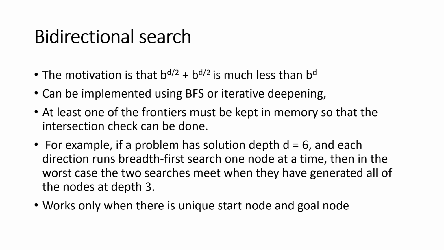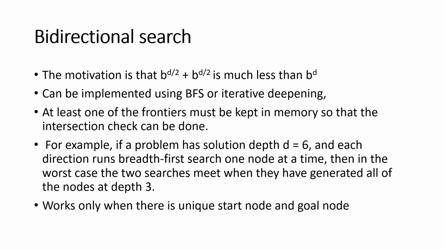So we will see the key motivation of bidirectional search. Here the forward search and the backward search will each be b raised to d by 2, which is much less than b raised to d.